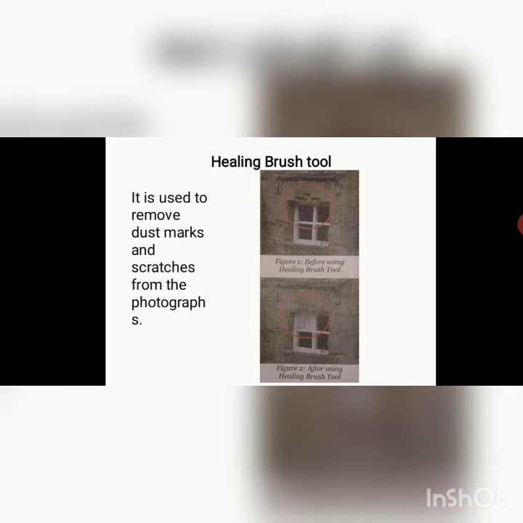Your image is recovered with the healing brush tool. See the pictures, figure 1 and figure 2. Figure 1 is before using the healing brush tool, and figure 2 is after using the healing brush tool.